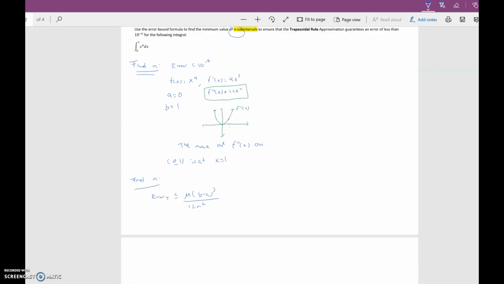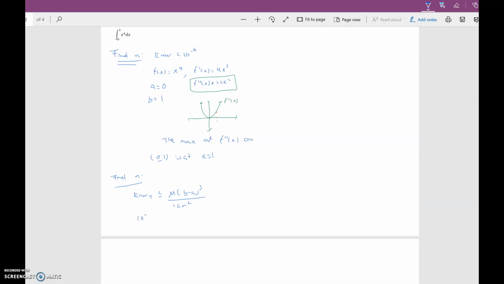The error that we're trying to maintain is 10 to the negative 6. That's going to be less than or equal to, with the value of M, f double prime of x equal to 12 times 1 squared, or 12. So M is equal to 12, that's the constant we're defining. So 10 to the negative 6 is less than or equal to 12 times (1 minus 0) to the third power divided by 12n squared.